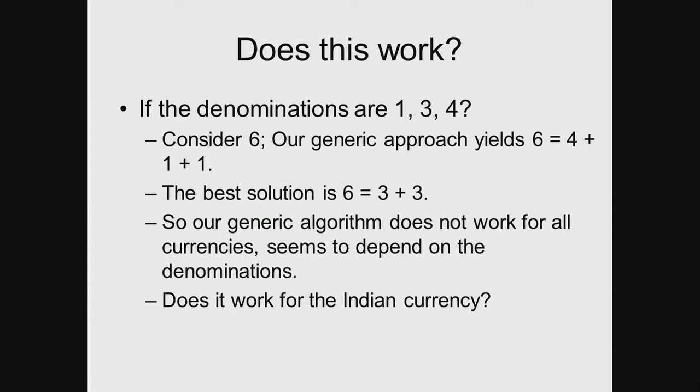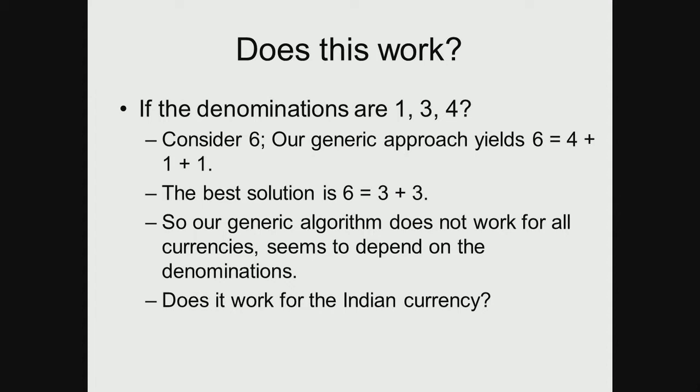Let us see. Let us consider the simplest case of 6. If we apply our generic approach, we will pick the largest denomination smaller than the amount, which is 4, after which we are left with 2, which can be expressed as 1 plus 1. So, our solution would be 4 plus 1 plus 1.